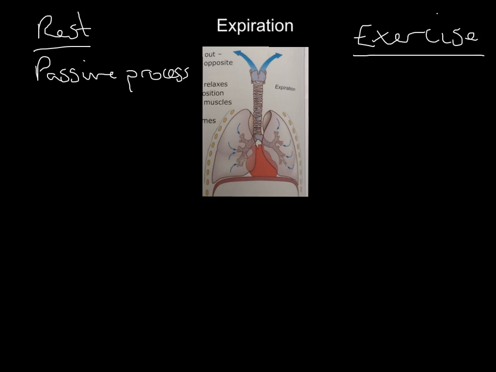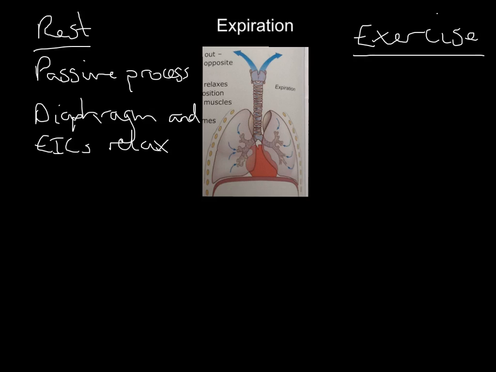You don't contract any muscles to breathe out at rest, right? What happens is your diaphragm and again I'm abbreviating, I apologise, don't do this in the exam, my EICs relax. Now what is the effect there?